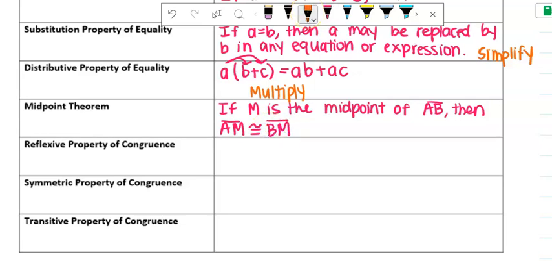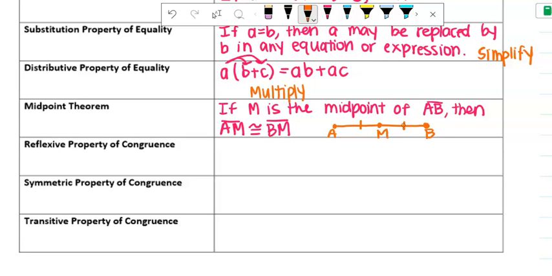If we wanted to even draw ourselves a nice picture, we draw a segment with A and B at the endpoints, M in the middle, and then we could even make those little tick marks to show that M made those two segments the same.